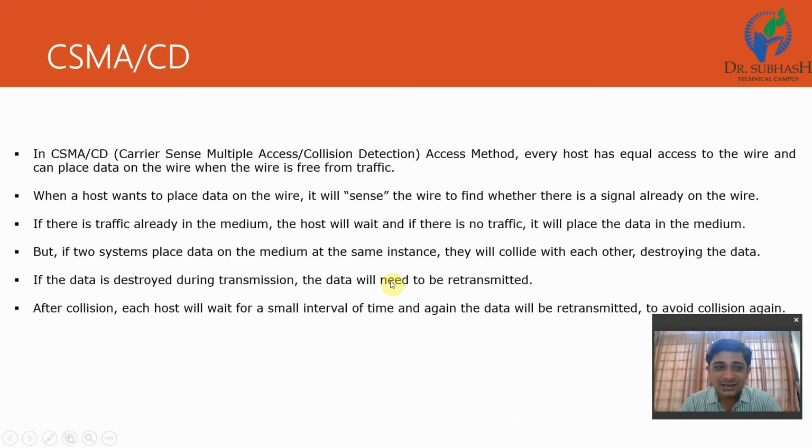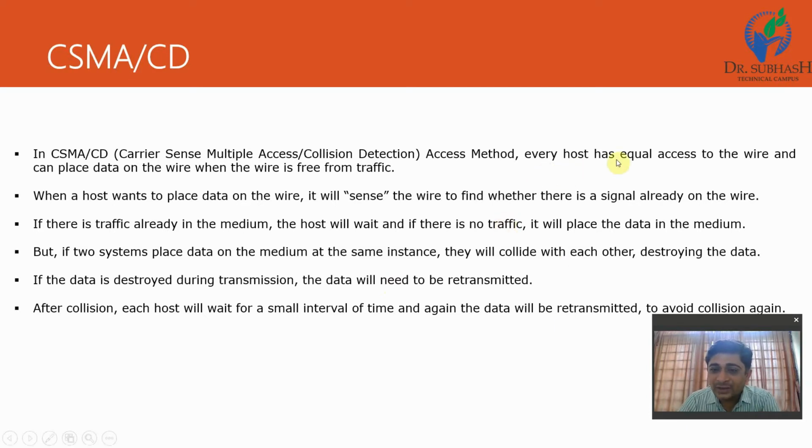That sense is known as carrier sense. Multiple access, at the same time we can access multiple devices, that is multiple access. And CD, collision detection, that means in between, if your data collides, then there may be a chance to destroy your data. So CSMA-CD, that is an access method.